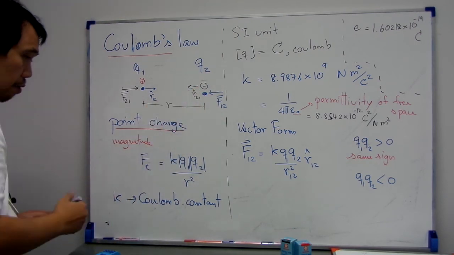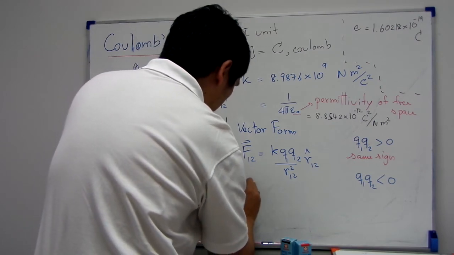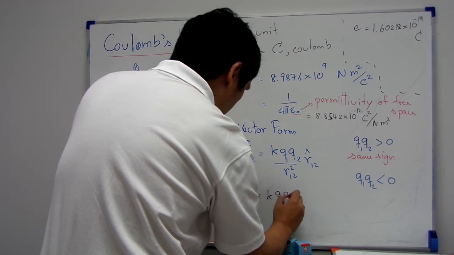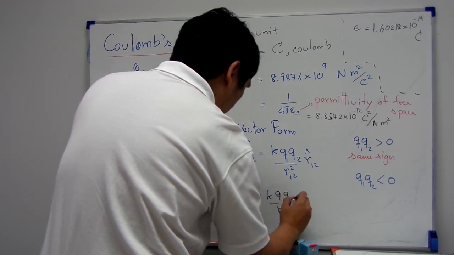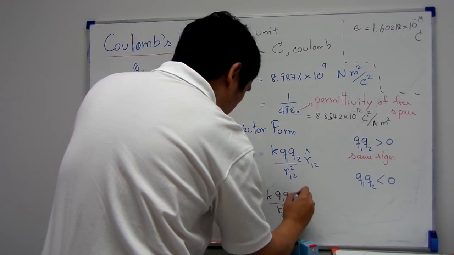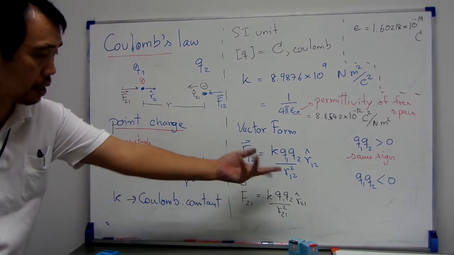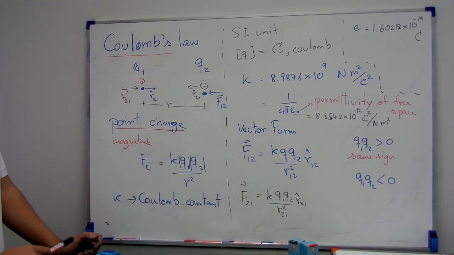So F21 is equal to k Q1 Q2 over R21 squared times R21, the unit vector. This is the same form; we just switch the index 1, 2 into 2, 1.